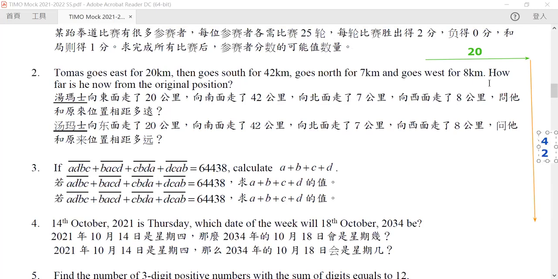And then it immediately goes back up for 7. So now it comes up to this. And finally, it will go west for 8. So it will go west for this.